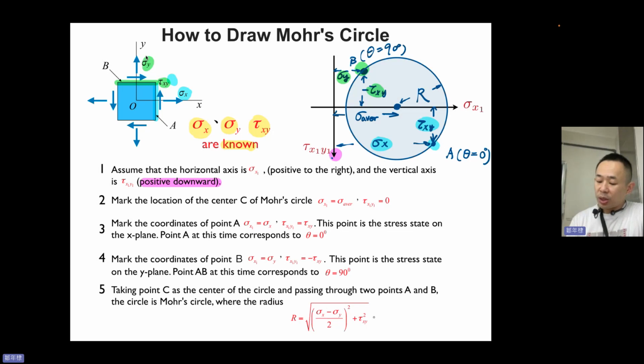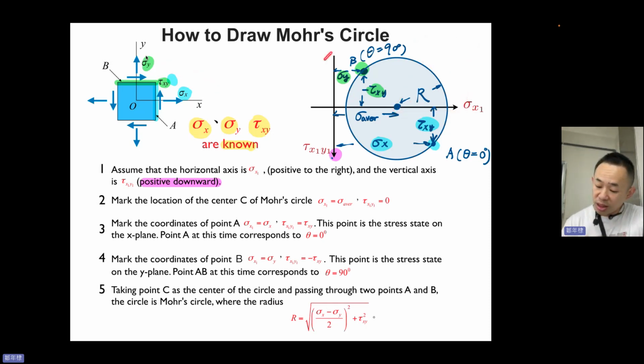Positive tau x1y1 points downward, which is different from what we usually know, because we want the rotation of angle in the real world to match the Mohr circle space. When we rotate x1 by theta, in this space it rotates 2 theta, but in the same direction.